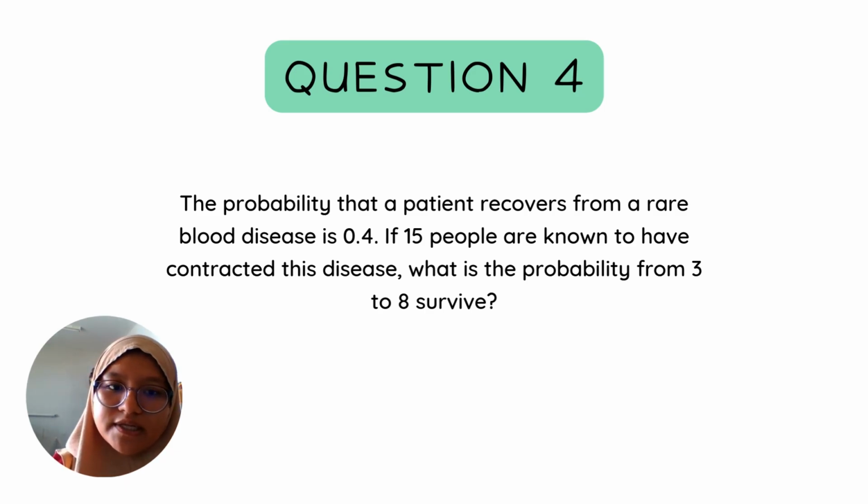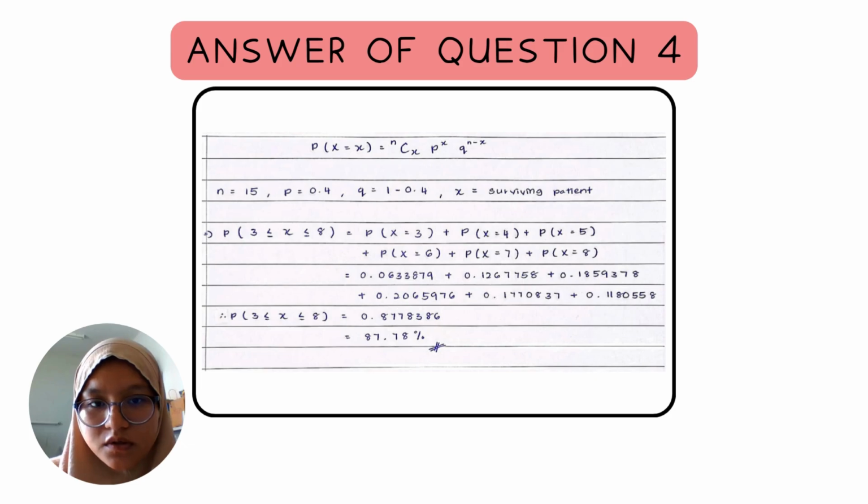Question 4. The probability that a patient recovers from a rare blood disease is 0.4. If 15 people are known to have contracted this disease, what is the probability that from 3 to 8 survive? So for question 4, we may conclude that it is the binomial distribution. So we'll use the formula nCx p to the power of x q to the power of n minus x.